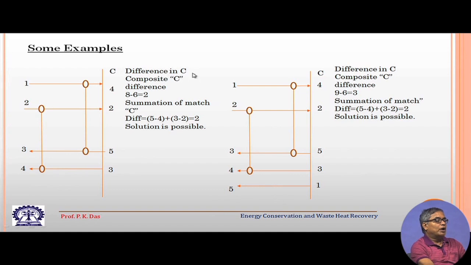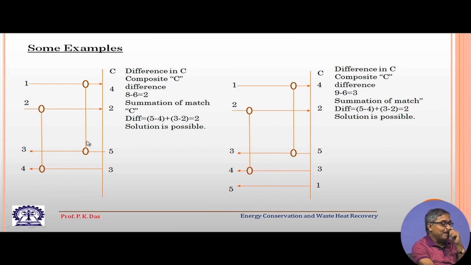So, difference in composite C, what will it be? The composite C on this side is 8 and on this side it is 6. So, 8 minus 6, that is 2. Then the summation of match C is what we have to get.